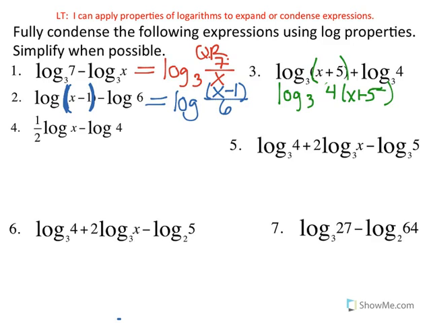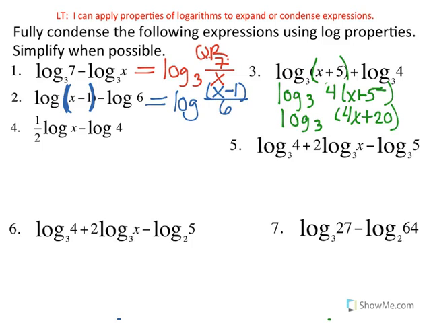I can't simplify that. 3 to what power equals 4 times x plus 5? We don't know because that's a variable in there. If you don't know the variable, you can't give me the answer that equals a variable. Okay. You can either leave it like that, or you can go ahead and, just like I was saying, you can distribute. And you can say this is log base 3 of 4x plus 20.